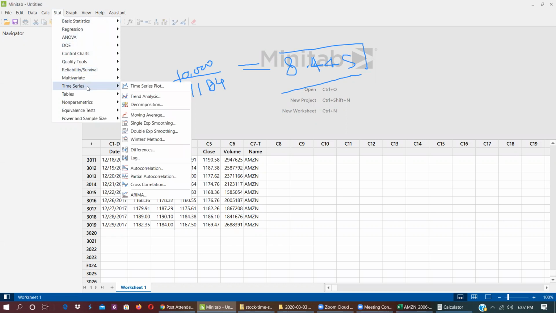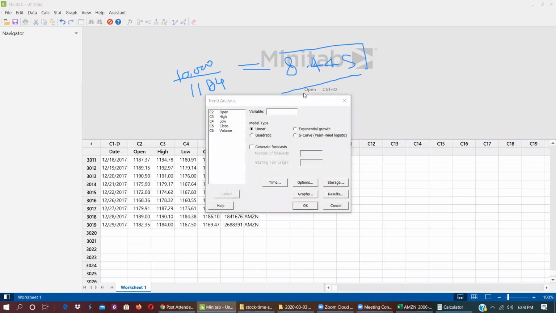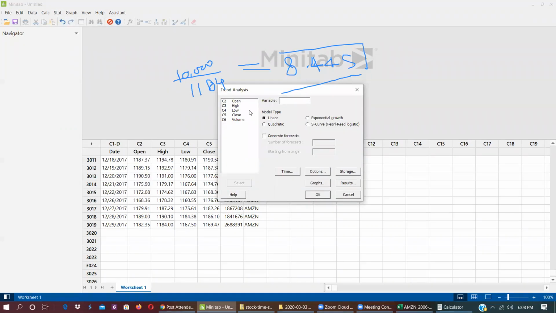Since we have very long data, almost 3000 time series values, we are going to use trend analysis. Now here I choose high. I need to see first what kind of trend Amazon is following.